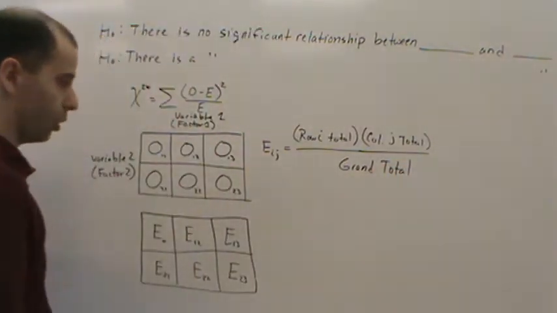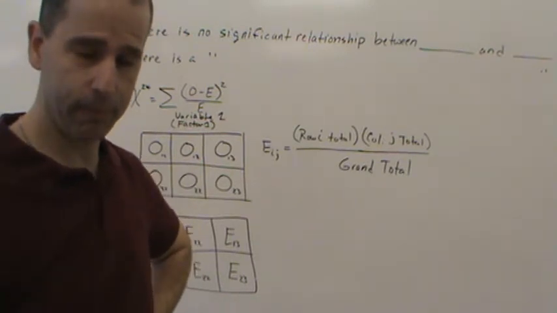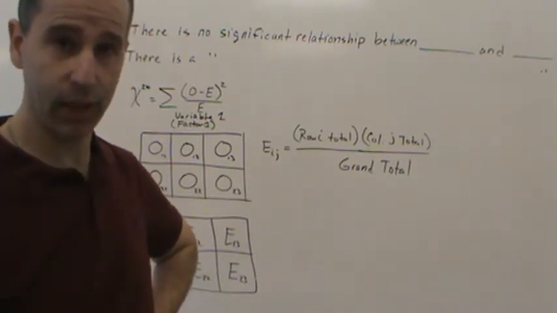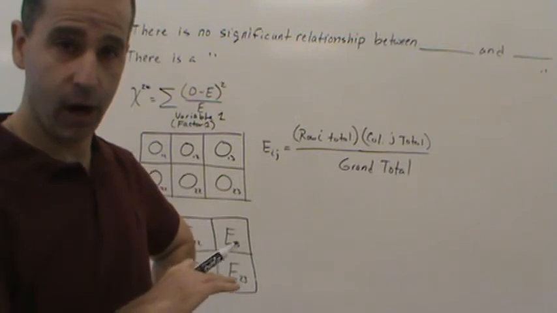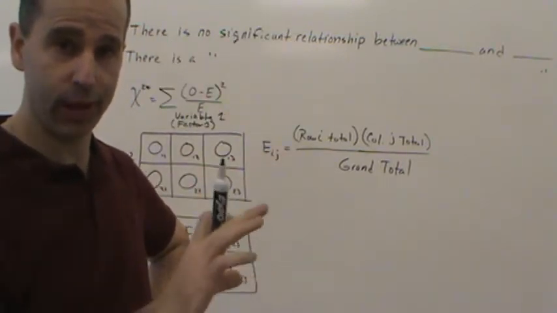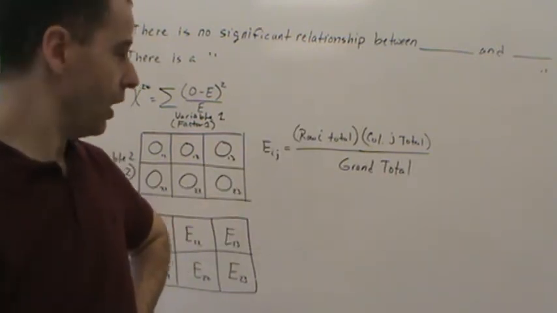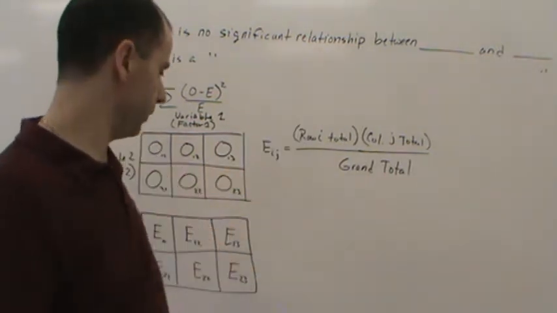Well, what's the grand total? Remember our chapter 3 and contingency tables? We had our column totals at the bottom, our row totals to the side, and then we had our grand total, which was the total of the entire table frequencies. So that's what the grand total is going to be.